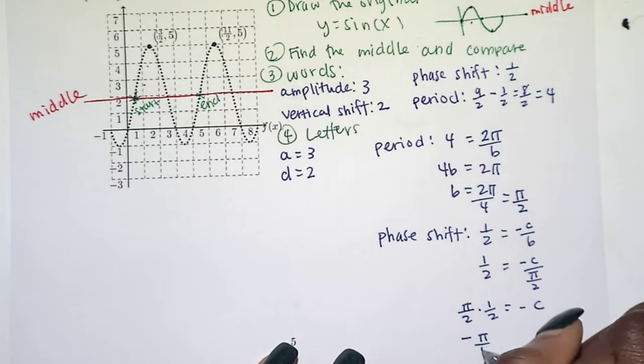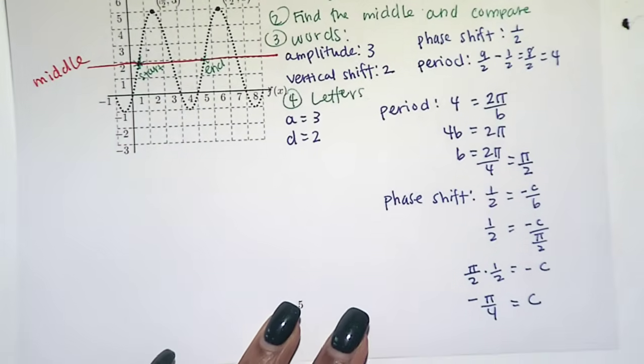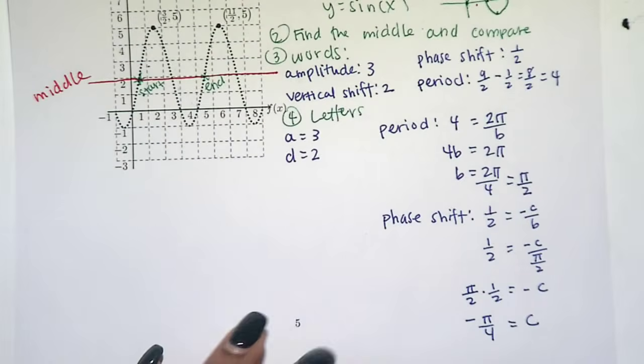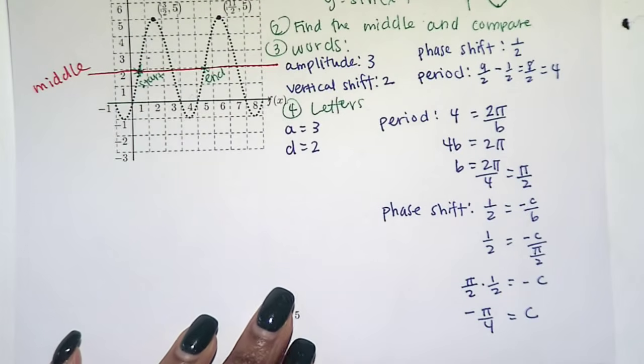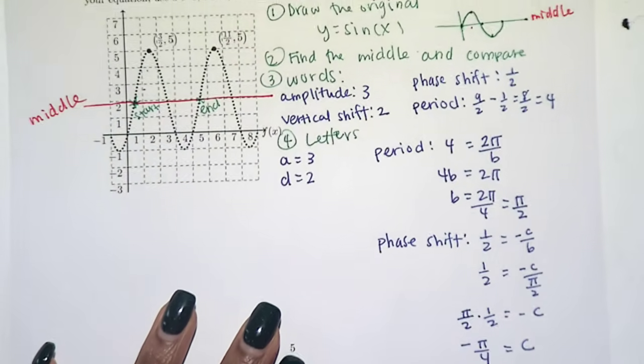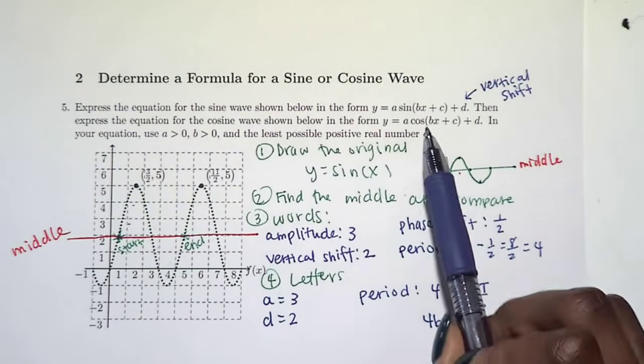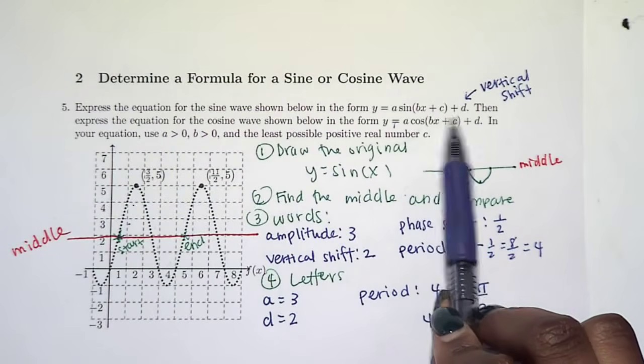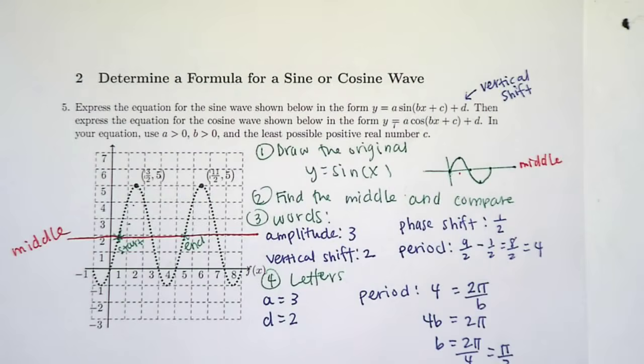So -π/8 is C. Okay, and so then that is everything we need to come up with our equation for sine, right?